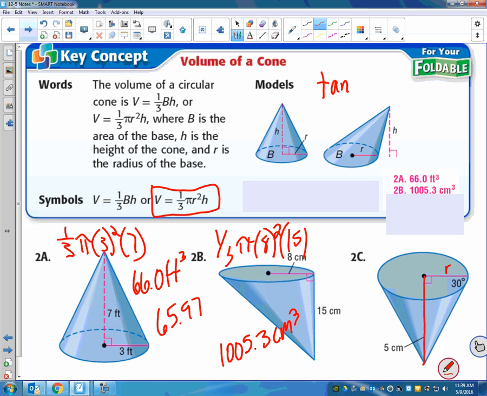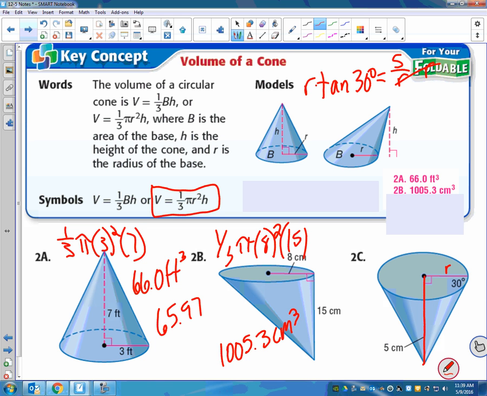I'm just going to do tangent. Tangent of 30 degrees. Nope, because that would be the hypotenuse. Over R, once you do these enough, you're going to know what's going to happen every time. But if you don't know, you could multiply both sides by R. That just moves the R out of the bottom.